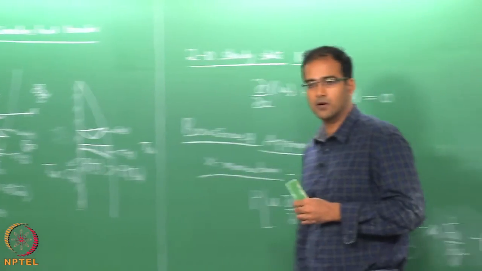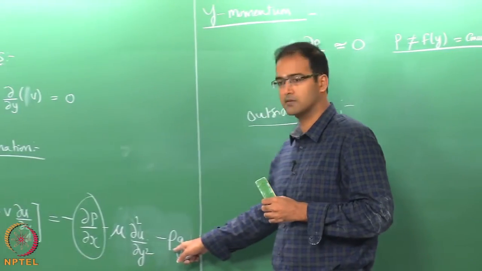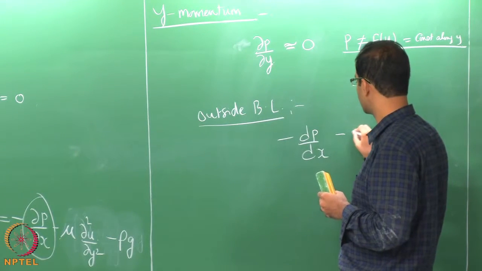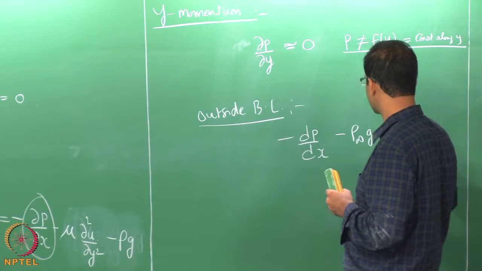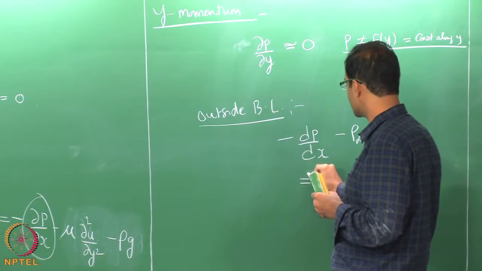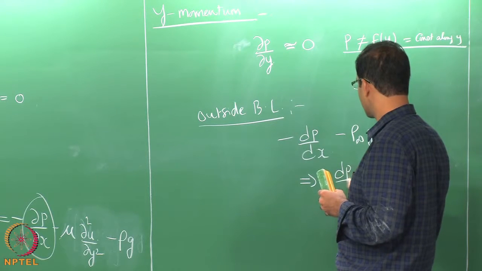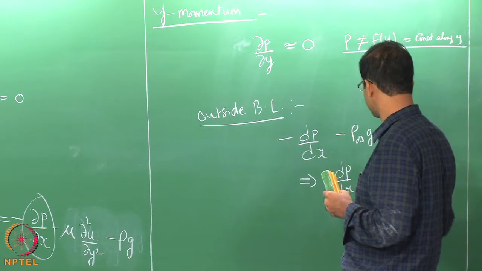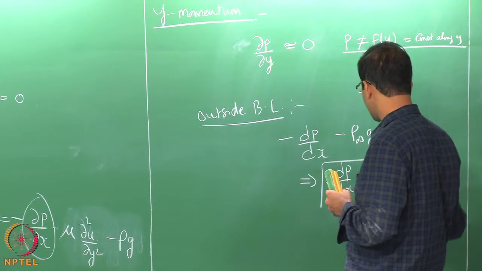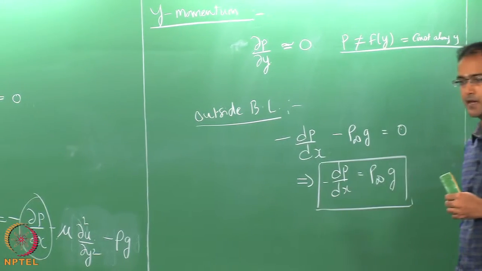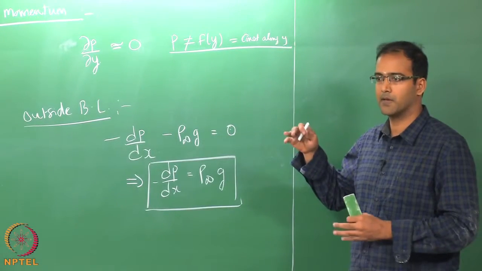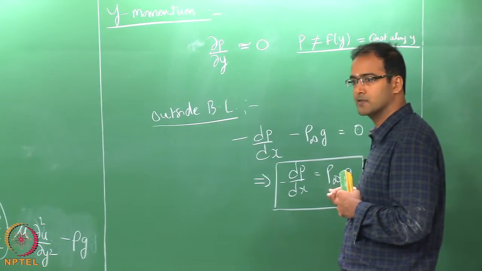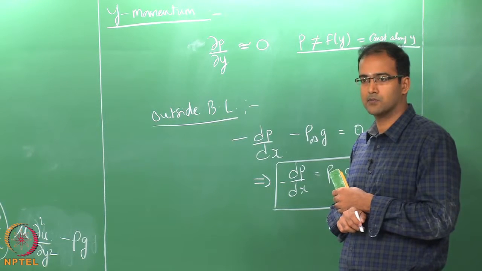Therefore, we write minus rho infinity g equal to 0. So, this gives that minus dP by dx is equal to rho infinity times g. Therefore, I can find my pressure gradient along the plate by applying the equation outside the boundary layer, and I determine that this is nothing but the gravitational acceleration outside.